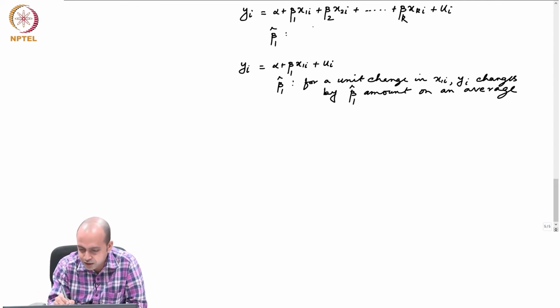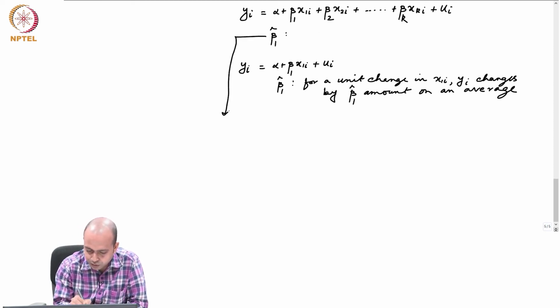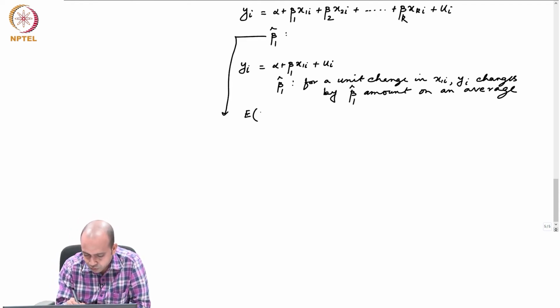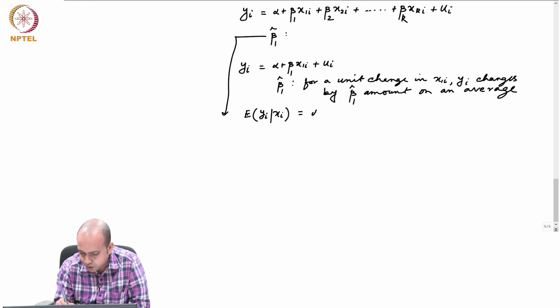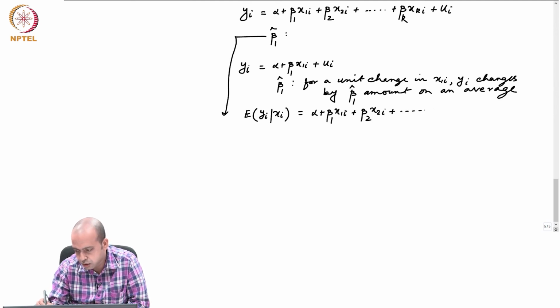If you take the expectation of yi given xi, that would become alpha plus beta 1 x1i plus beta 2 x2i plus ... plus beta k xki, after expectation.